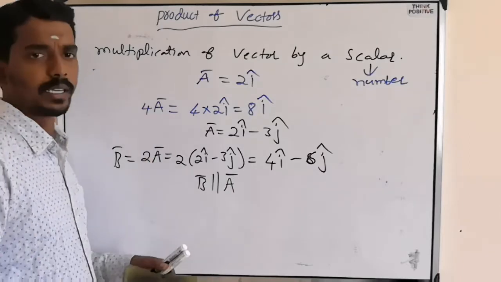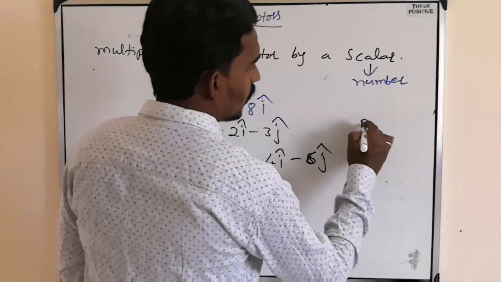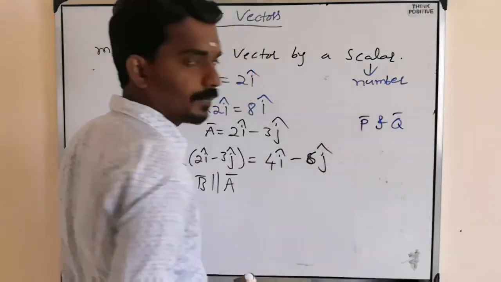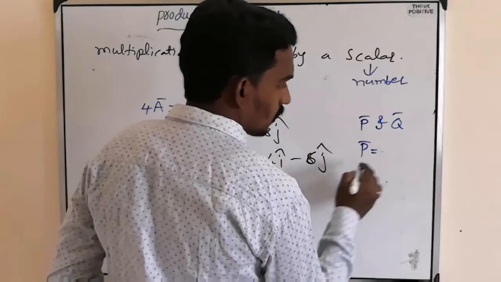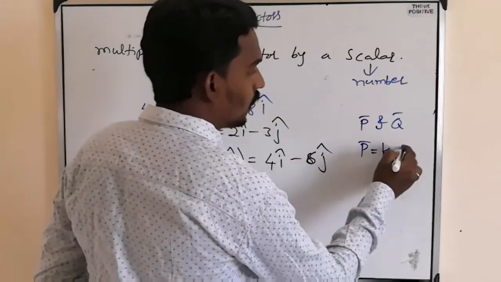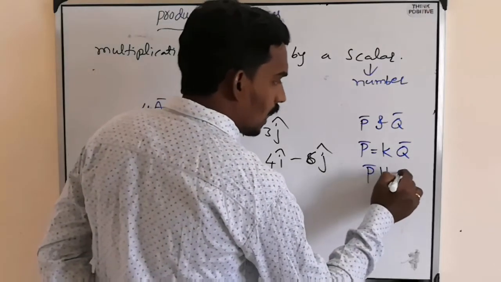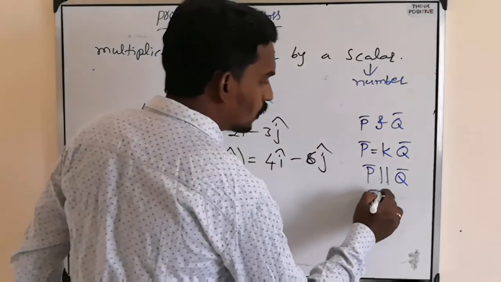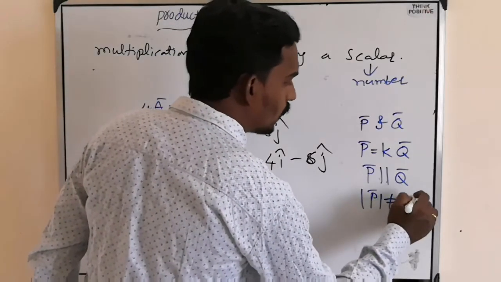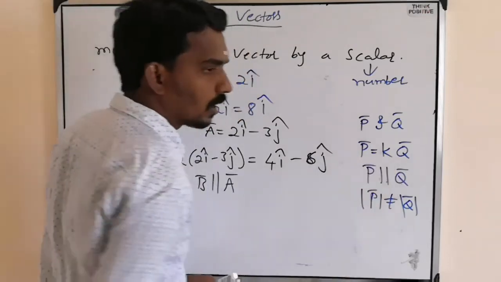In another way you can say, if there are two vectors P bar and Q bar, then P bar equals some number, let's take K, into Q bar. Then P bar is parallel to Q bar. P bar's magnitude is not equal to Q bar's, but P bar's direction is the same as Q bar's.